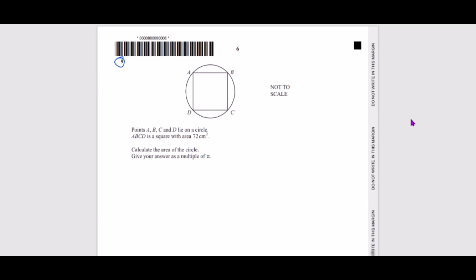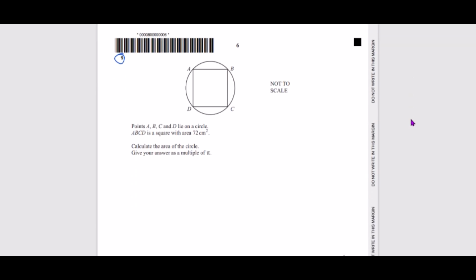Question number 9. The points A, B, C, D lie on a circle. ABCD is a square with area 72 centimetre squared. Calculate the area of the circle. Give your answer as a multiple of pi.